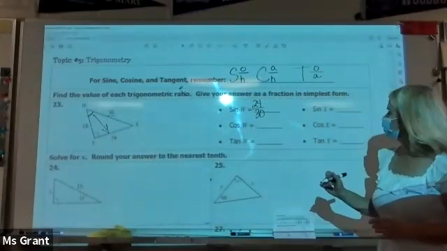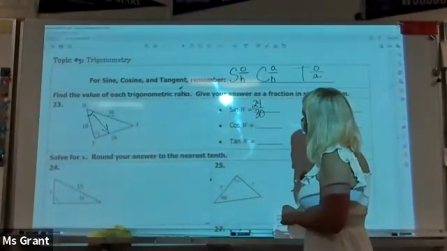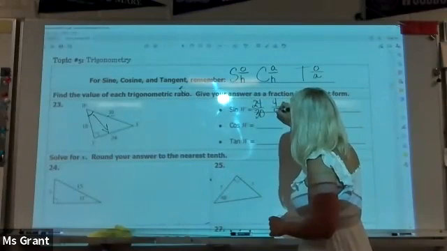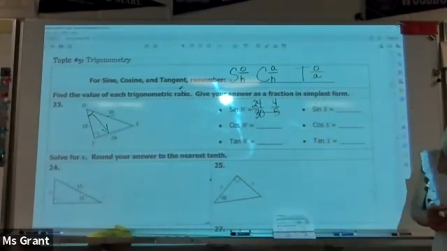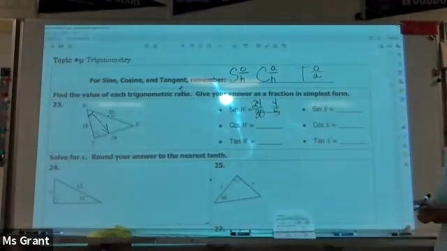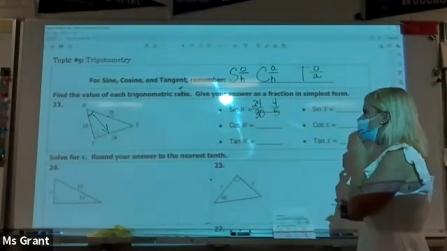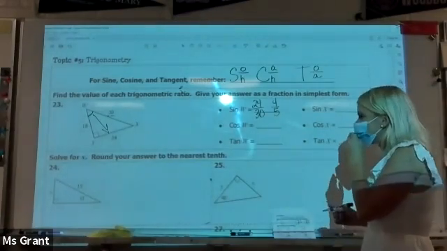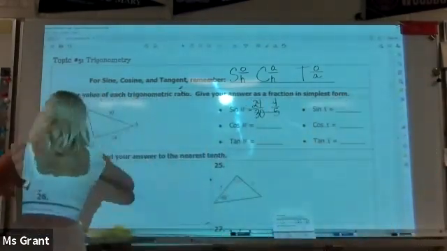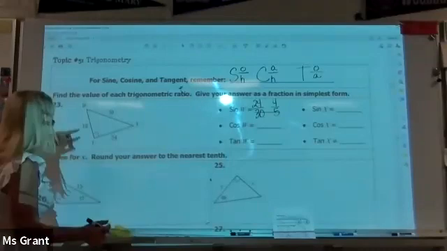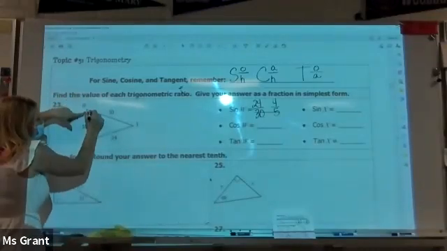Always reduce, 4/5. Okay. Cosine of W, adjacent.